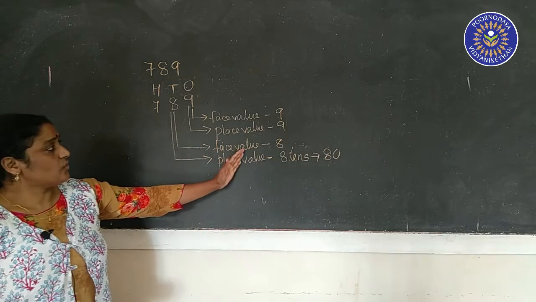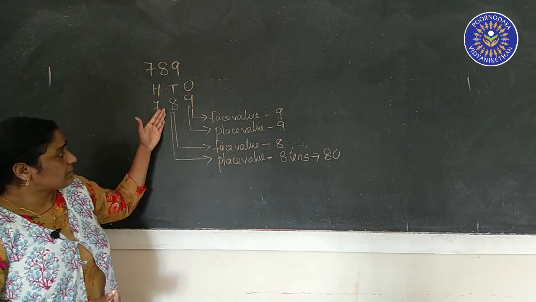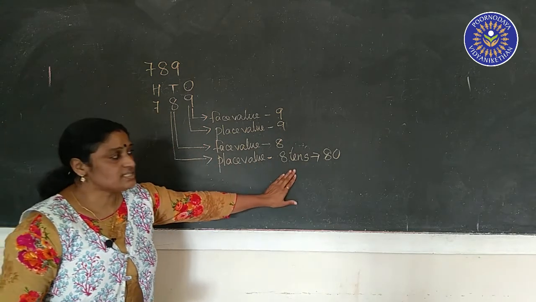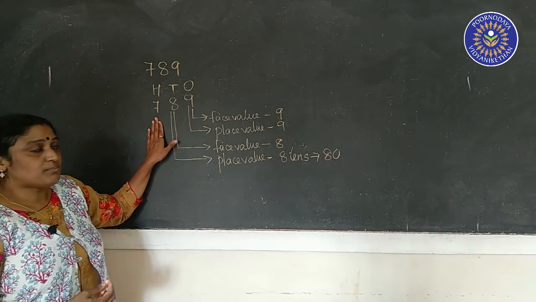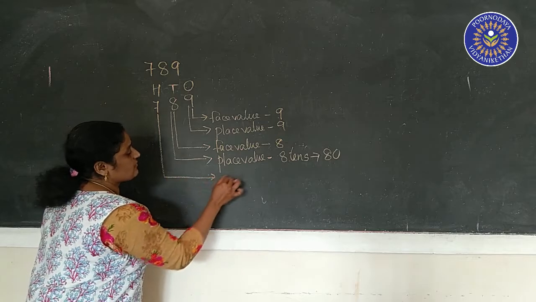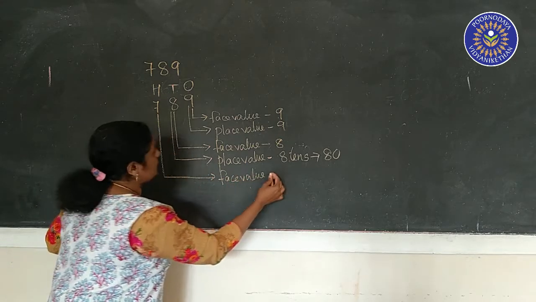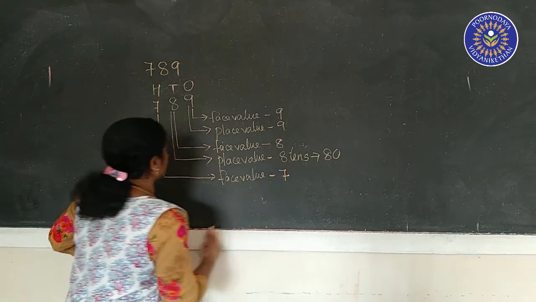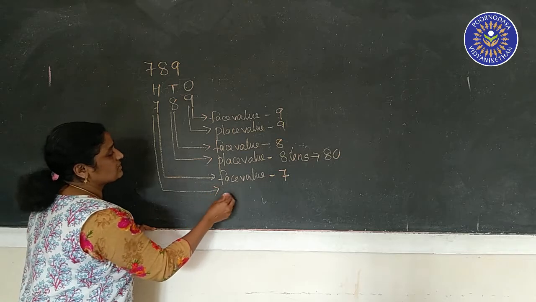The face value of 8 is 8 itself. The place value of 8 is 8 tens. 8 tens means 80. Then in hundreds place, there is 7. What is the face value? Face value is 7.